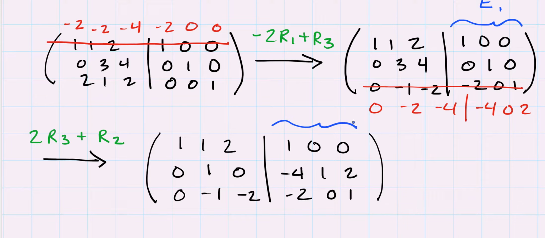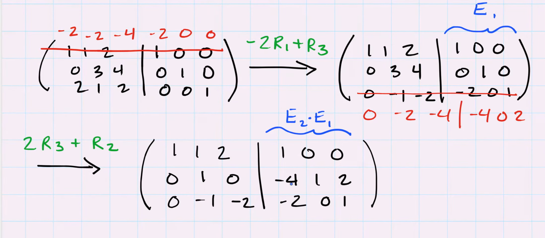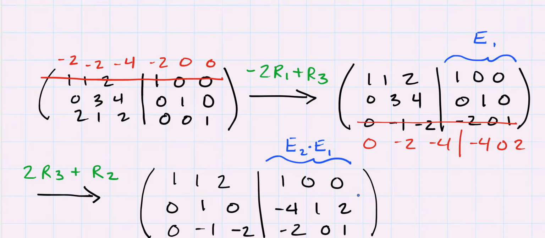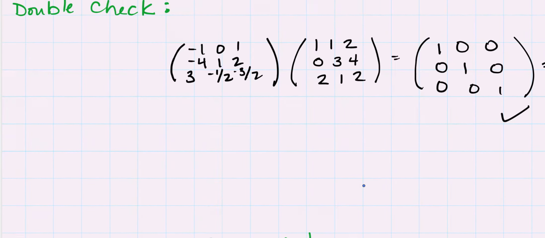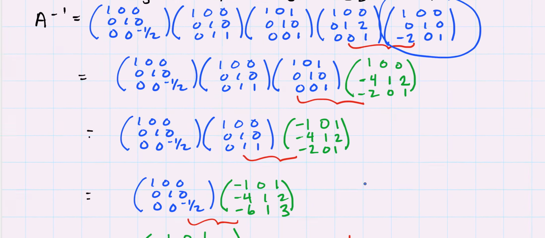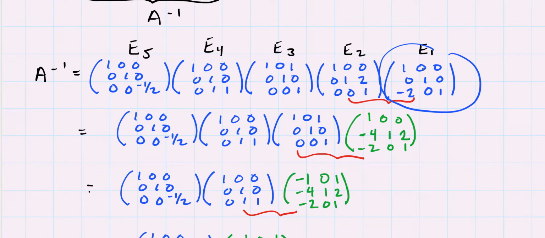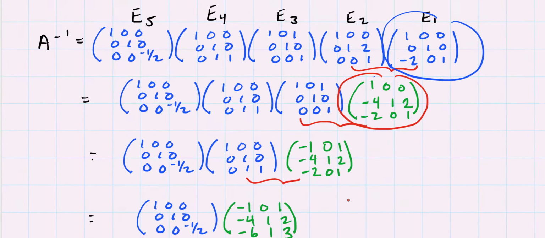This matrix is E sub 2 times E sub 1. Let's look back up. So 1, 0, 0, -4, 1, 2, -2, 0, 1. If we scroll up, here I multiplied these two matrices together, and you can see this is exactly what I got when I did my second step.